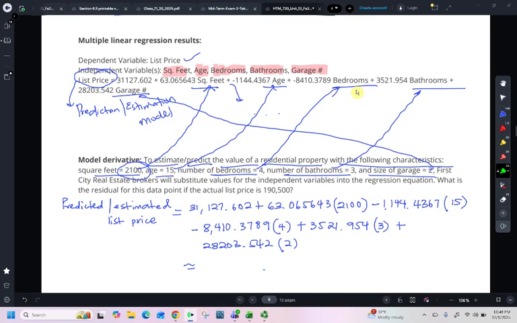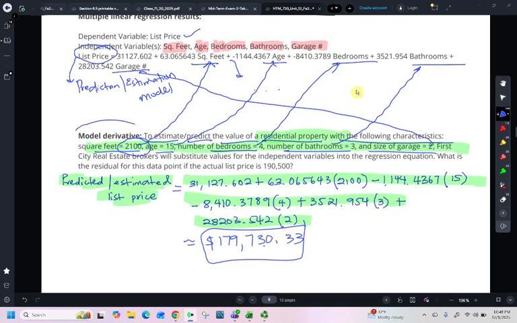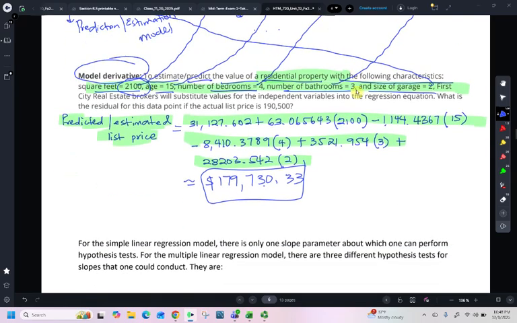And if we do that, we end up with a predicted list price for a residential property with all of these characteristics. And that will lead us to this equation, which would give us a final approximate answer of $179,730.33 approximately. This is the first use of fitting a linear model based on past data and using it to make a prediction of the future.